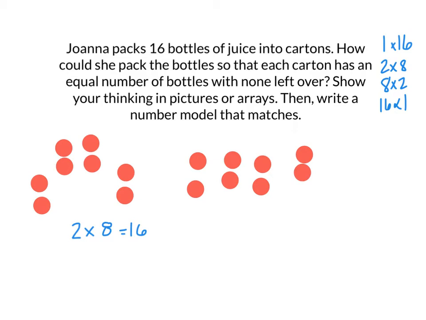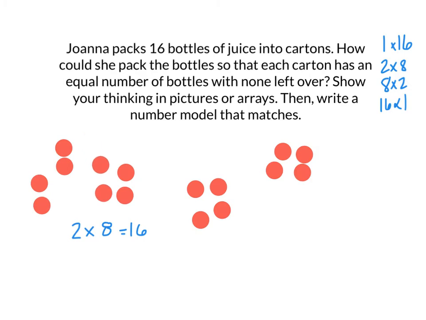And the last thing, why isn't it letting me erase? Let's see. Okay. The last way that we could do it is we can have 4 cartons, and in each carton, you could have 4.